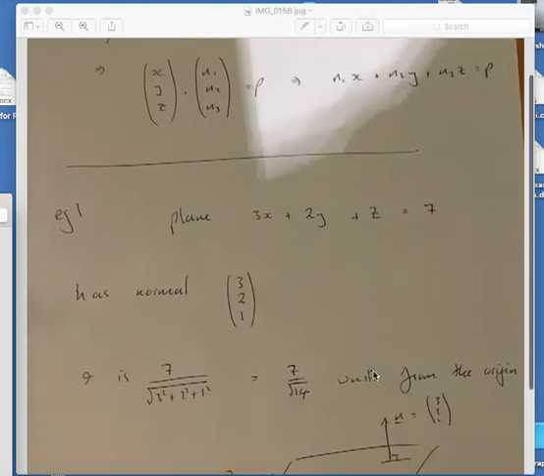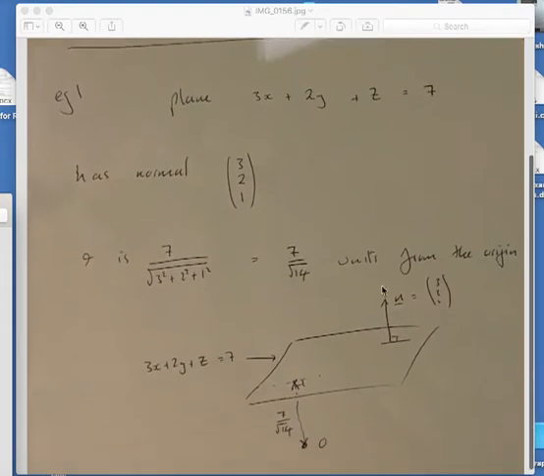And also, should it be asked for, I can take another shortcut, and I know that that number divided by the magnitude of the normal, in other words 7 over root 14, gives me the shortest distance between the origin and my plane. So this is something like what this plane would look like. 3x + 2y + z = 7 is the equation of the plane. That means that the normal vector to it would be (3, 2, 1), and the shortest distance between it and the origin would be 7 over root 14.